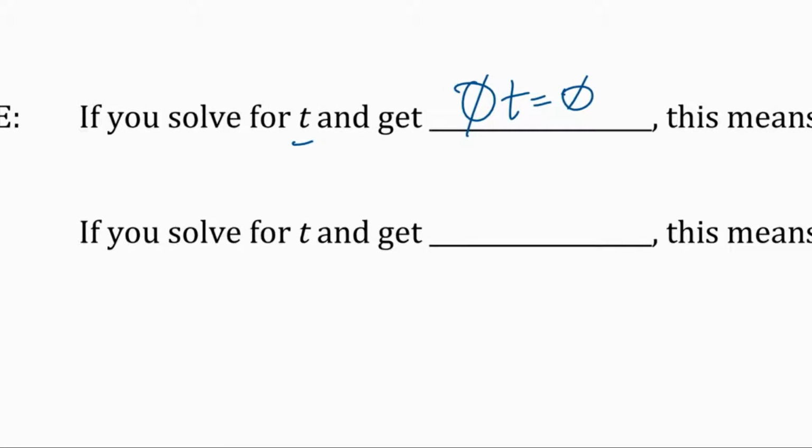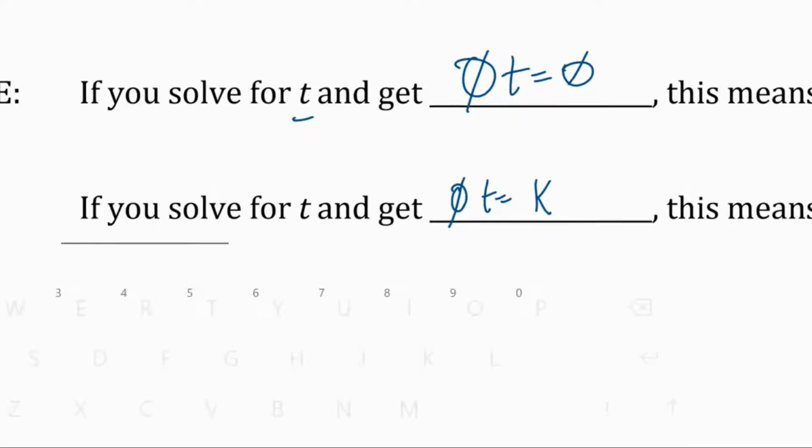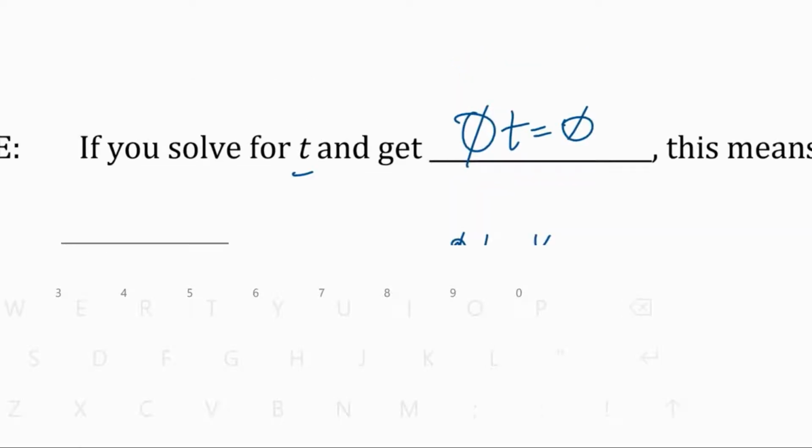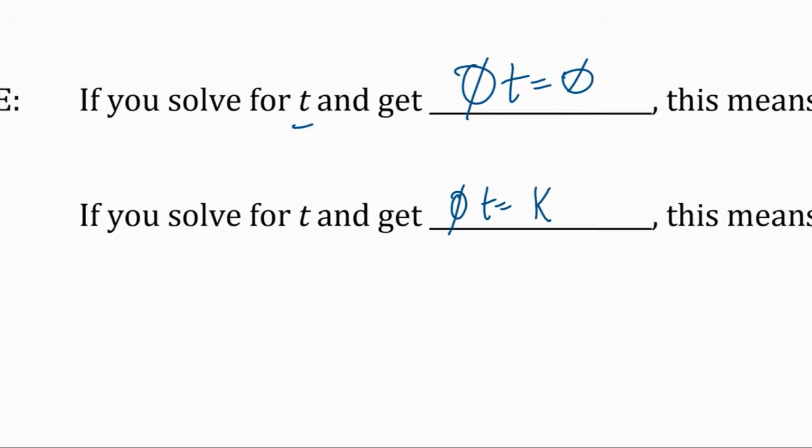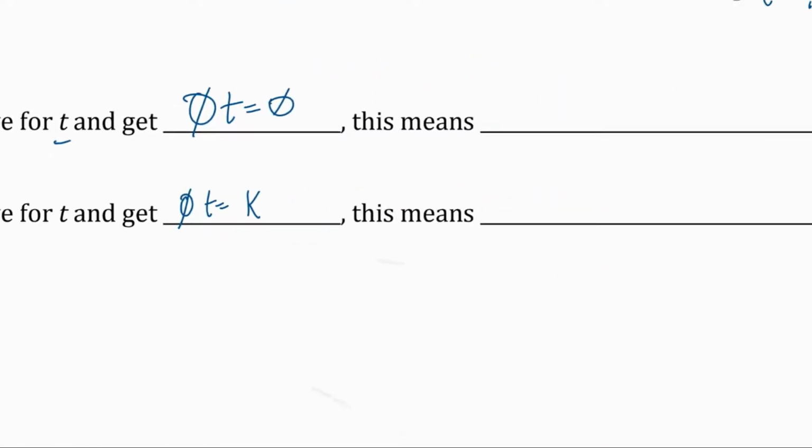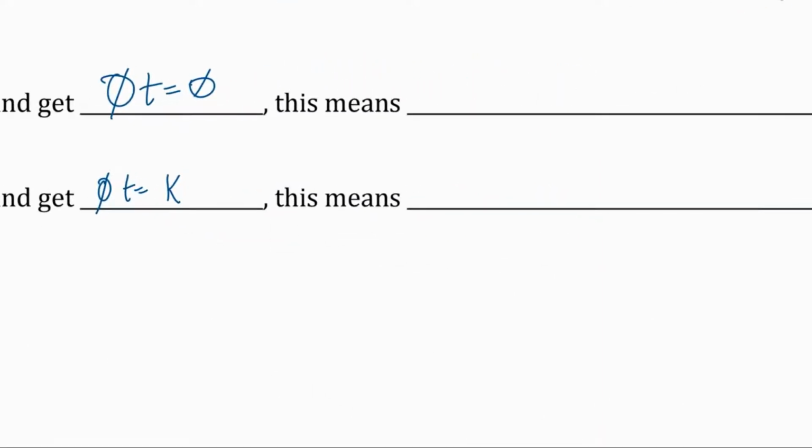I might get 0t equals 0, or I might get 0t equals k, where k is some non-zero constant. So k is anything other than 0, okay? Okay, so these are the other two possibilities that we might have, and these are, again, straight out of grade 10.